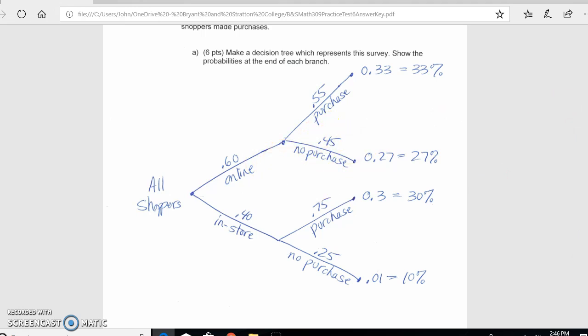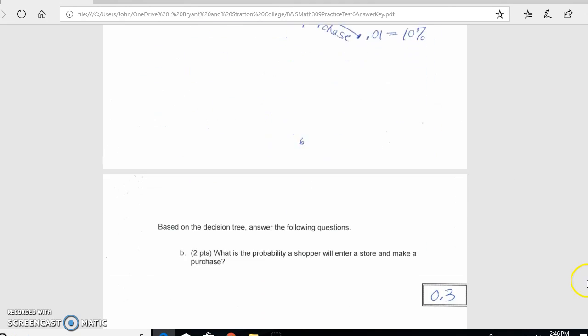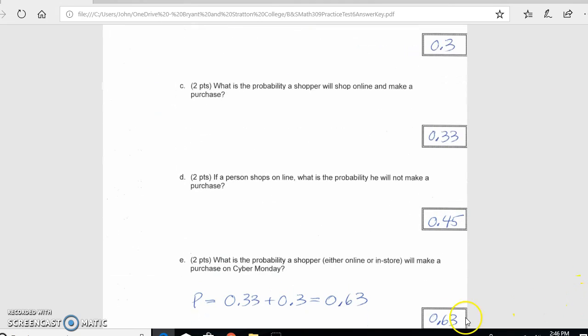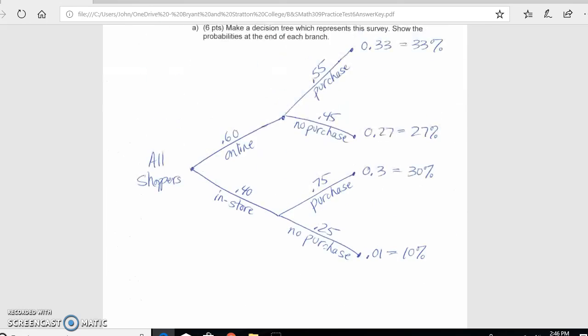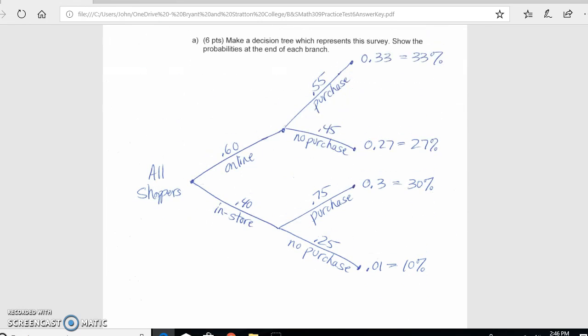Our answer is 45%. And then on letter E, what is the probability a shopper, either online or in store, will make a purchase on Cyber Monday? And so it doesn't matter whether the person is online or in the store. What is the probability they will make a purchase?